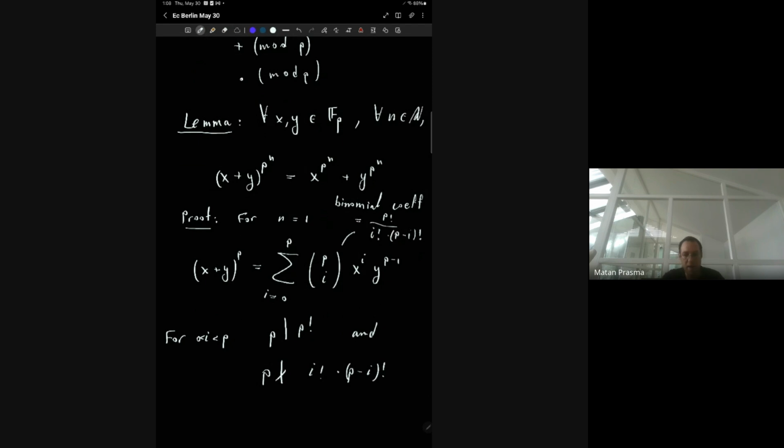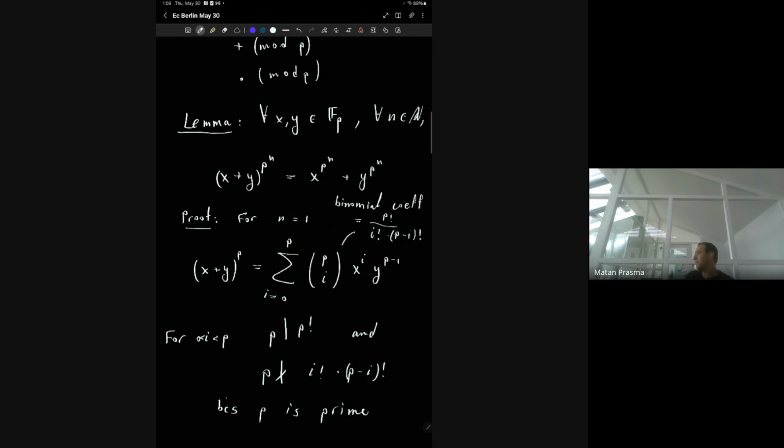P always divides p factorial, but p does not divide i factorial times p minus i factorial because p is prime. I factorial is the product of all numbers up to i, and p minus i factorial is the product of all numbers up to p minus i.